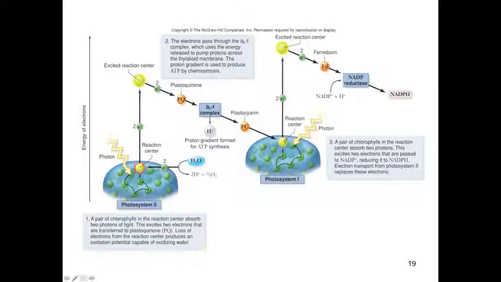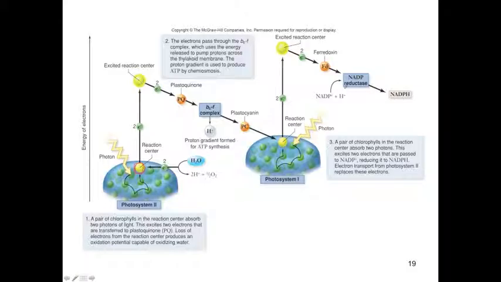Concurrently, photosystem I is also receiving photons of light, and it works in the same way as photosystem II did. The energy is bounced from chlorophylls to chlorophylls and eventually to the reaction center. The 2 electrons then physically leave the reaction center and are passed to some electron acceptors.